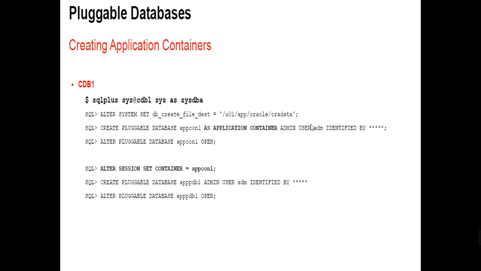Create pluggable database as application container. We are creating the application container. Alter pluggable database open. Then alter session set container, and create a pluggable database from the application container. So we are creating the application container first and then creating the application container pluggable database on it.